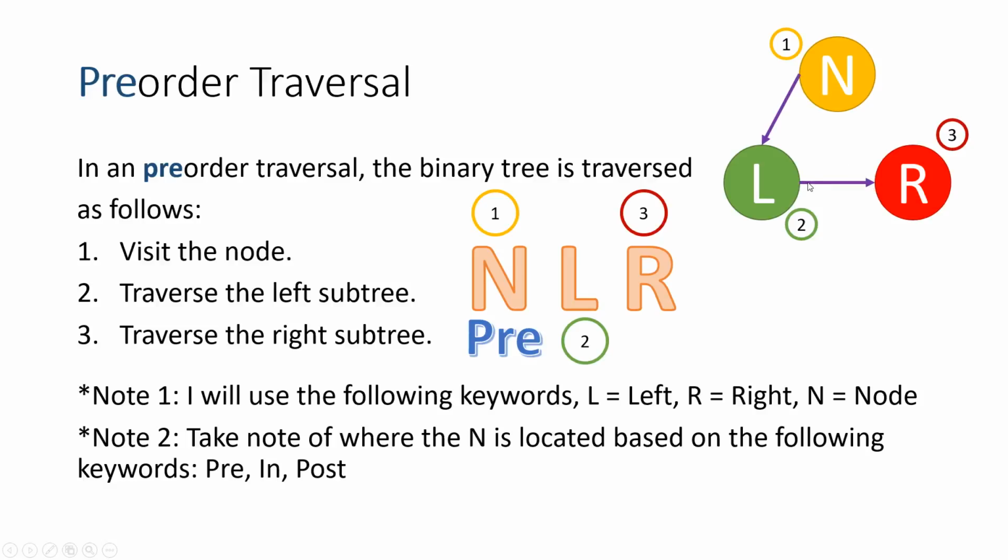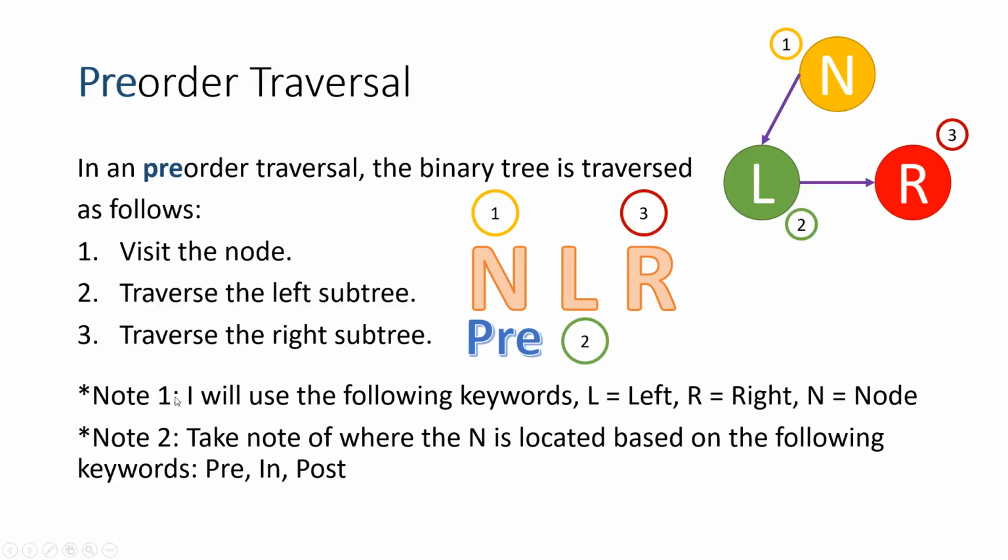But don't take this arrow. This arrow obviously should have come from the node to the right, but I'm showing it in this order so that you get this image of going from the main node to the left, doing the left traversal second, and then doing the right traversal third.